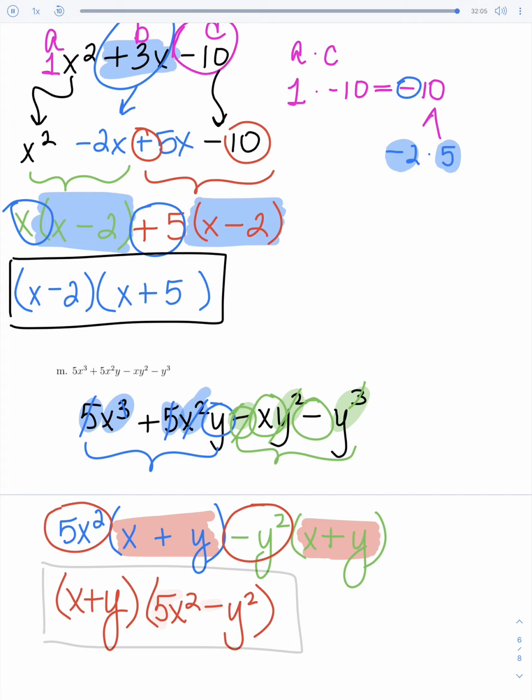However, huge problem. This 5 is not a square. Had that been a 25, absolutely, you would have a difference of 2 squares, but you do not. That is a 5, not a 25. So you can't do anything with that, and we are done. This is our final answer, and it's completely factored. An x plus y times a 5x squared minus y squared.